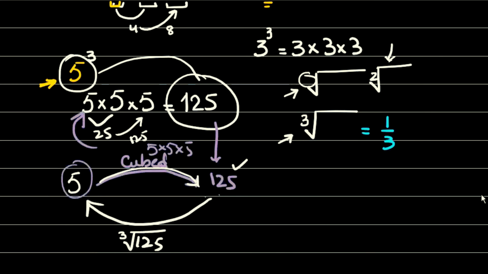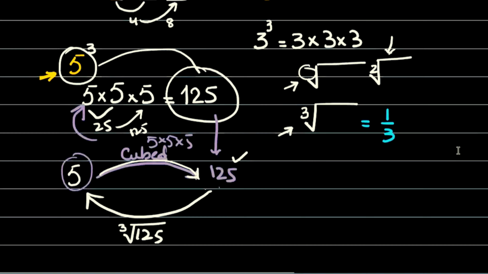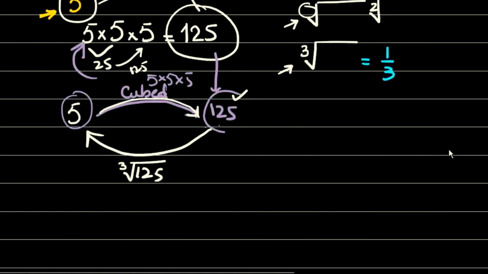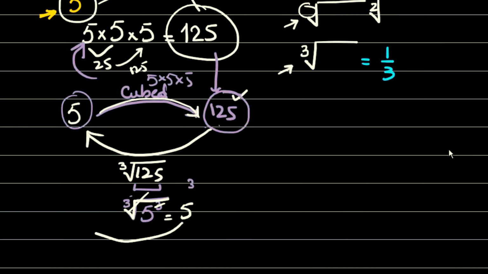But if we want to find the cube root of 125, then we have to write 125 in index form, in the power of 3: 5 raised to power 3. Once it's written in the power of 3, the cube root cancels out with its power of 3. The answer we are getting is 5.